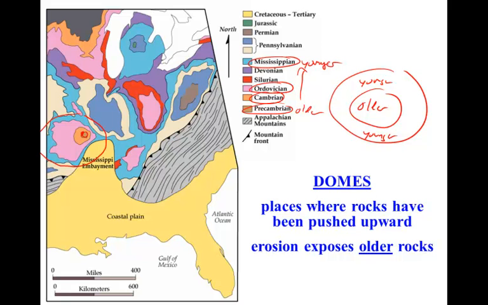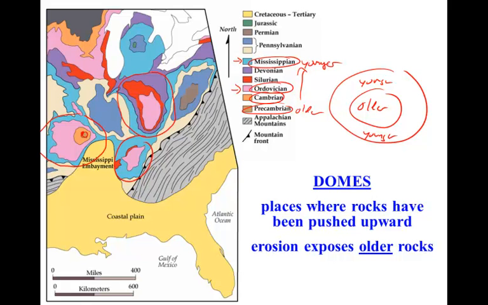How many other domes can you find? Well, here's another dome. We have older Ordovician rock surrounded by younger Mississippian rock. Are there any other domes in the map area? There's this one here. This is called the Cincinnati Arch.